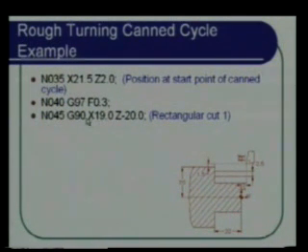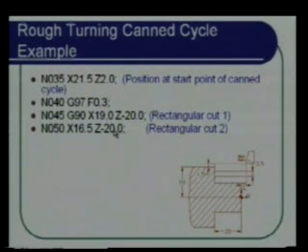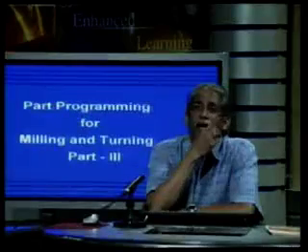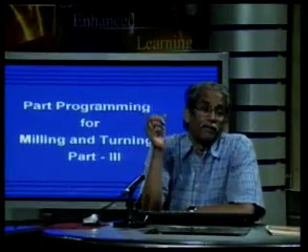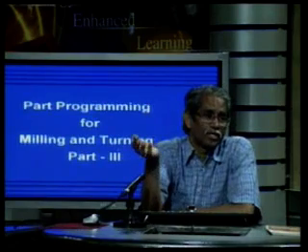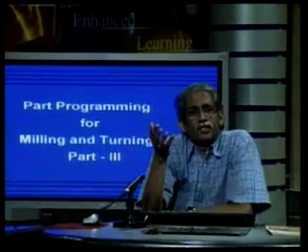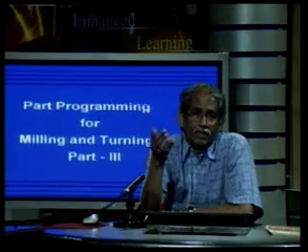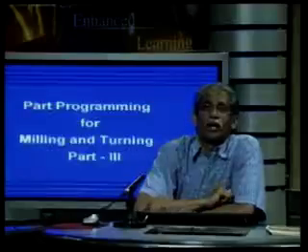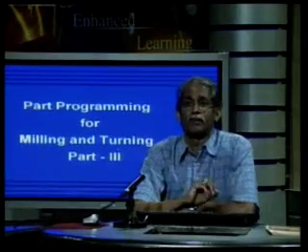This is equivalent to 4 blocks. Then the next cut and the next cut. If I am not using the CAN cycle, these 3 cuts would have been given as 3 times 4, 12 blocks. That's what makes it easier. Instead of writing 12 blocks, I can write only 4 blocks of information. That's what has been done here.